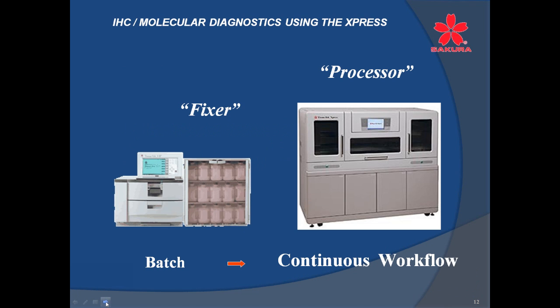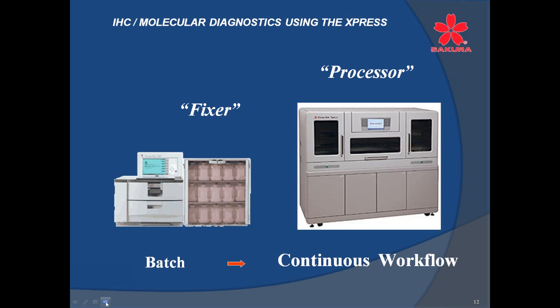So I've put these two examples here, and some of this is my terminology, and you may get a little bit of humor out of it, if you will. But when we look on the left at the VIP, that's been a workhorse and conventional processor for many, many years, it's the batch processor. You get all your tissues ready at the end of the day, you put them on, and you move forward. You can have delay cycles and so on.